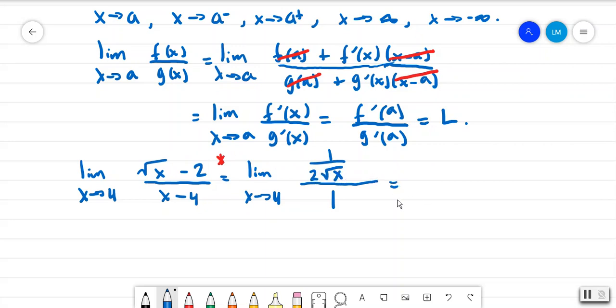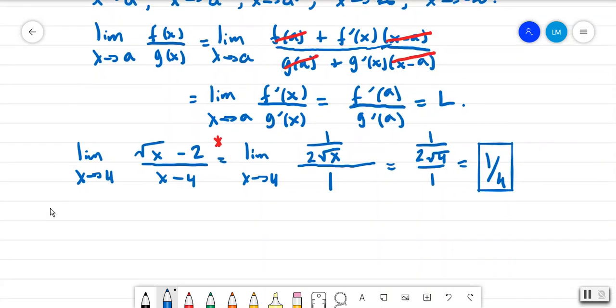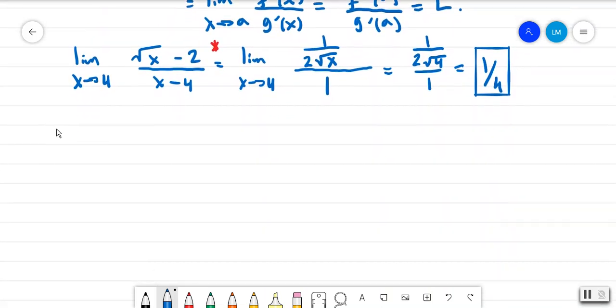Now notice that if you plug in 4, you get 1 over 2 root 4 divided by 1, which is equal to 1/4. Okay, so we can apply L'Hopital's rule as needed. Let's just try one more example.